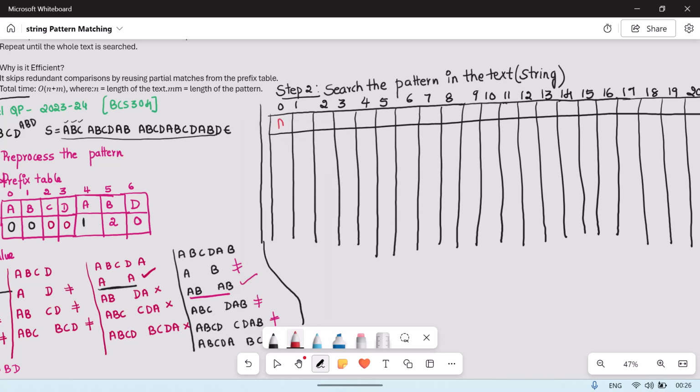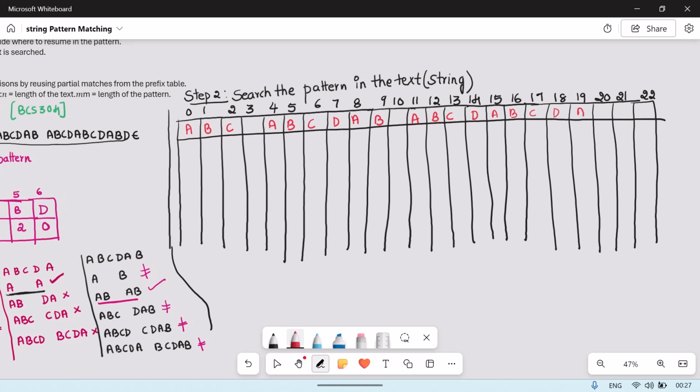Okay, it is A, B, C, A, B, C, D, A, B, space, A, B, C, D, A, B, C, D, A, B, D, and E. Okay.